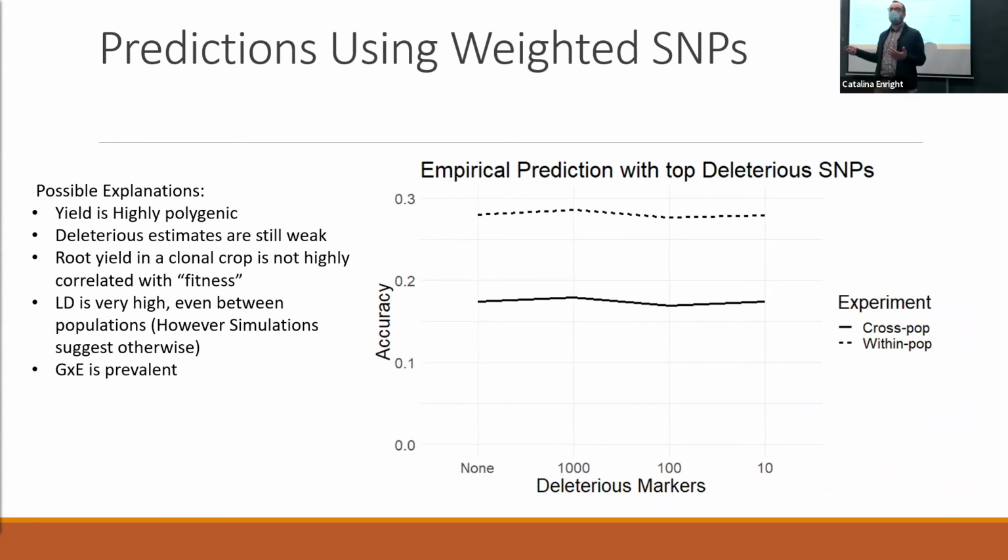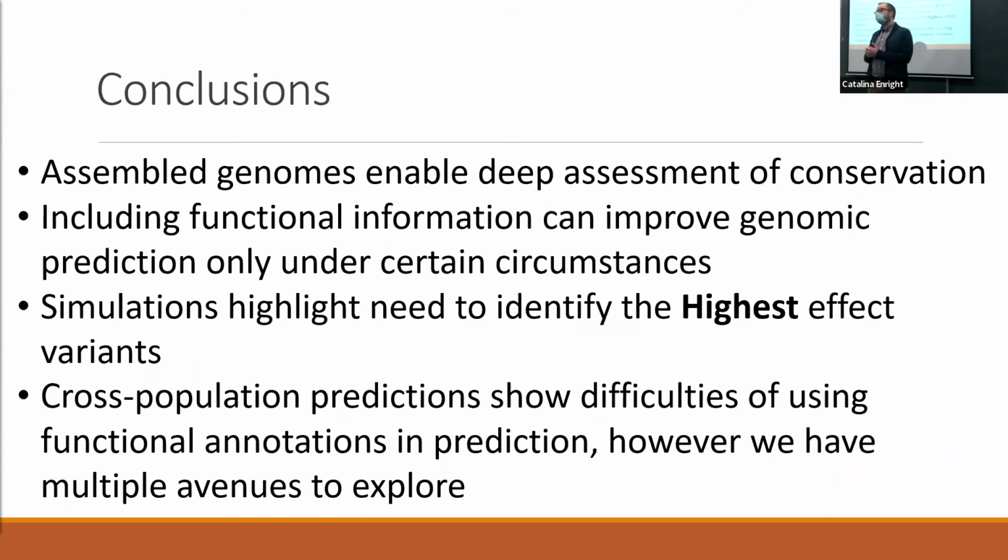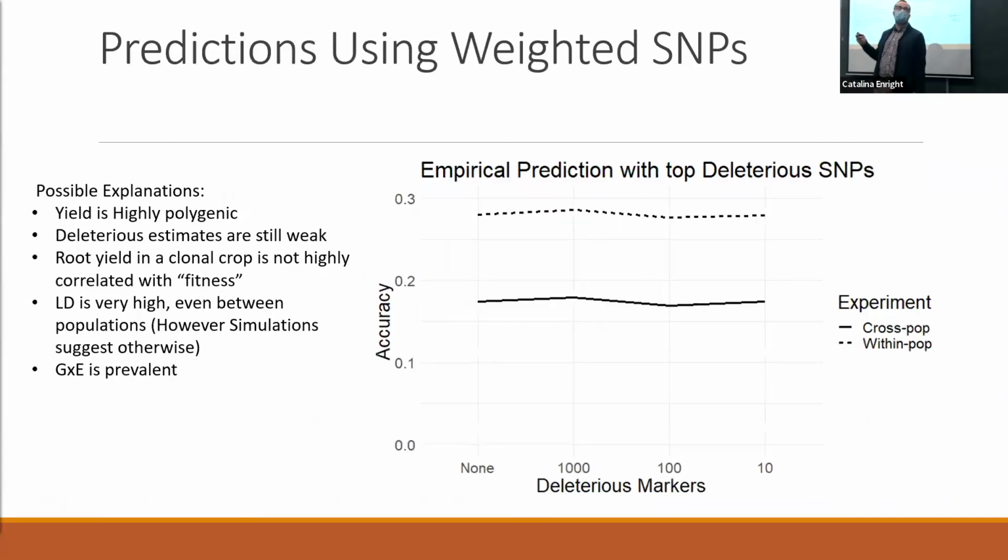And there are very many possible explanations. It could be that maybe yield looks like that blue line. Maybe it is really highly polygenic. I still don't believe that. Oh, but it could be maybe the deleterious estimates. I still need to work on getting that pipeline down and tweaking.